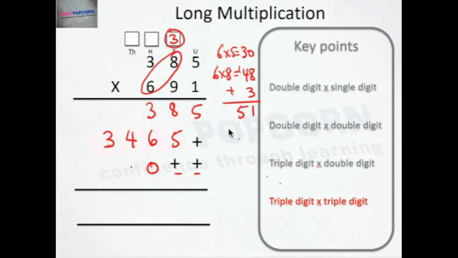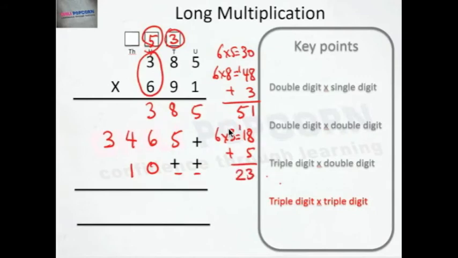So that's 51, so 1, carry over 5. And then we do 6 times 3, which is equal to 18, plus the 5 that we carried over. So 8 plus 5 is 13, carry over 1, and 1 plus 1 is 2, so that's 23.